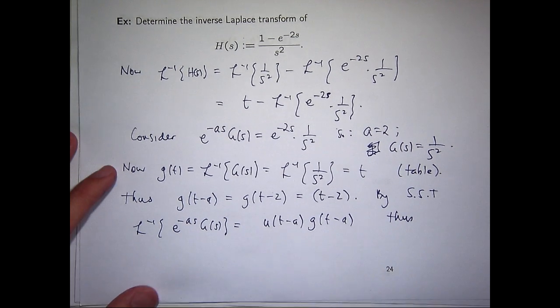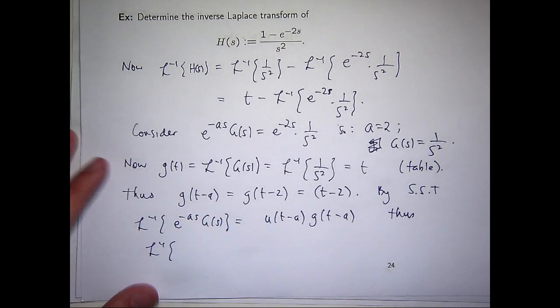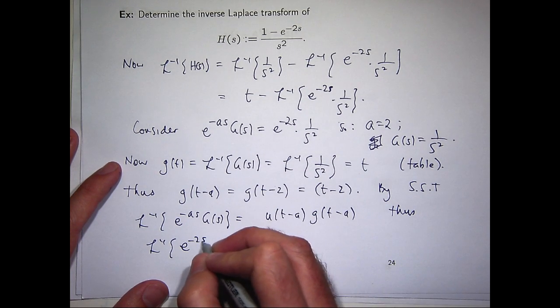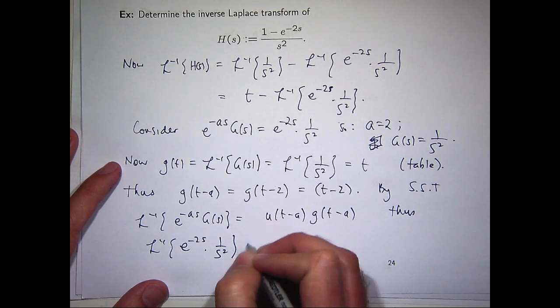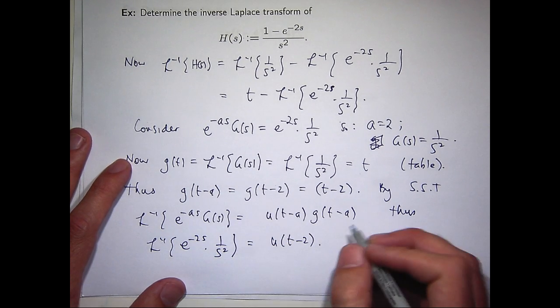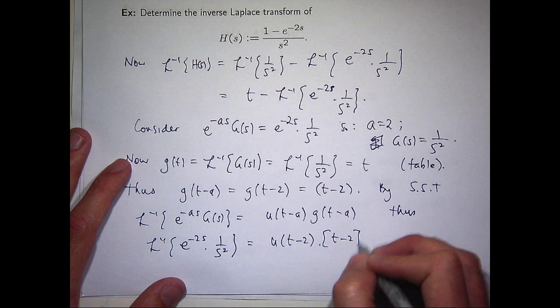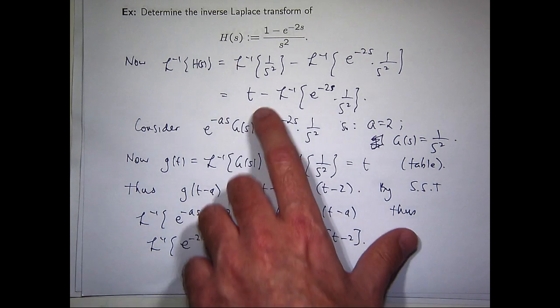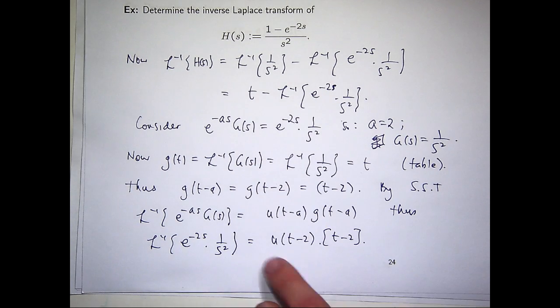Thus, for our problem, this is just u of t minus 2 times t minus 2. So let's put our parts together. We've just calculated this inverse transform. It's that.